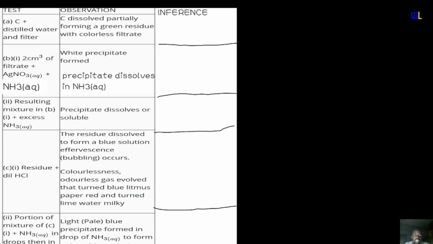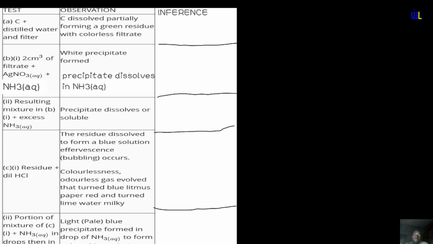In the test side, if you add sample C to distilled water and you filter, and you observe that C dissolves partially, and you have a green residue with a colorless filtrate, the implication of this statement is that C contains two salts.